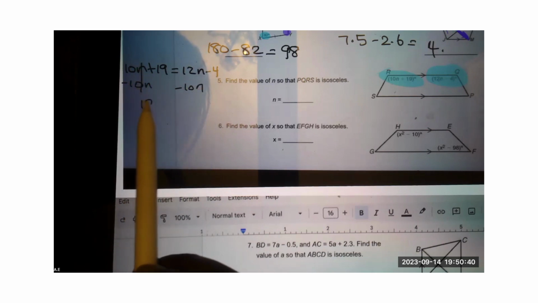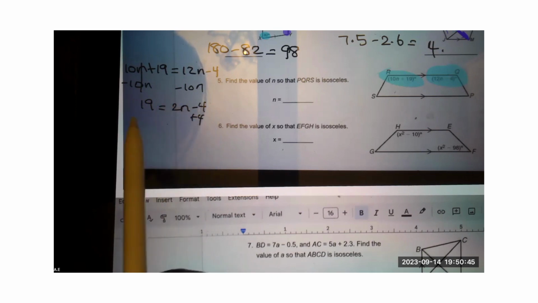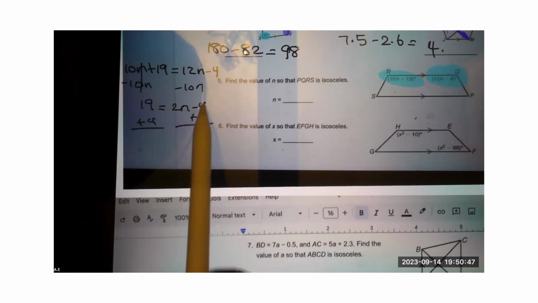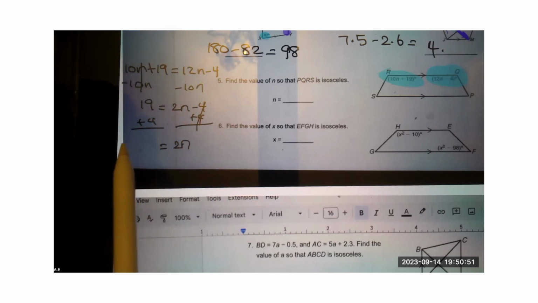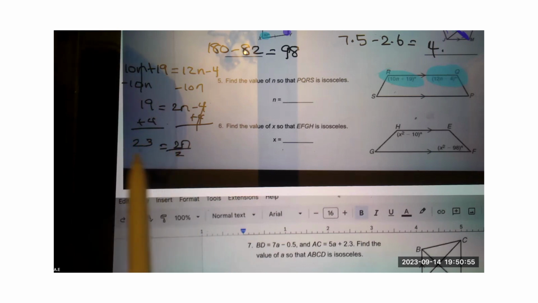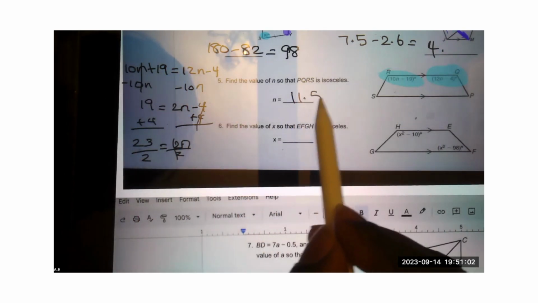This cancels. We have 19 is equal to 2n minus 4. We add 4 to both sides. So we have 2n is equal to 23. We divide both sides by 2. So n is equal to 11.5.